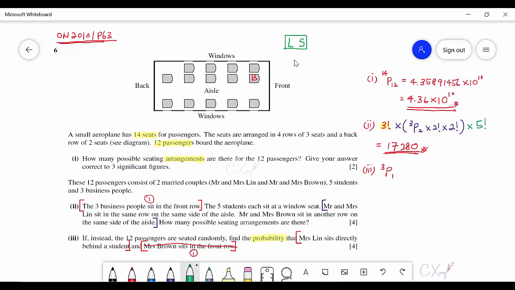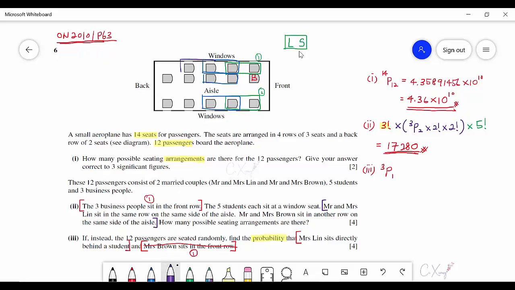So how many possible arrangements can we have for the students and also Mrs. Lin? You can count it by looking at the seating plan here. This is the first possible place that we can put them. This is the first one, this is the second one, this is the third, the fourth, five, and then what else do I have?